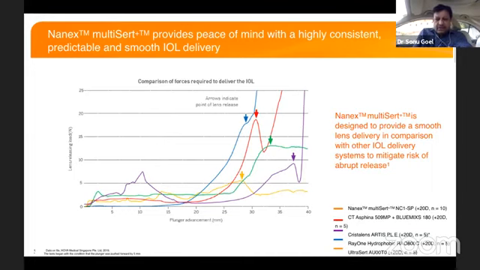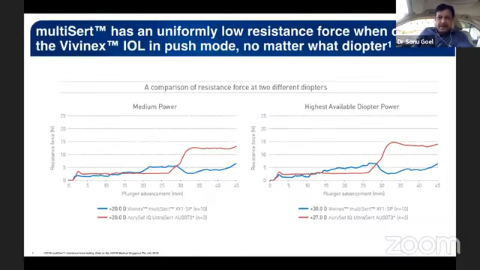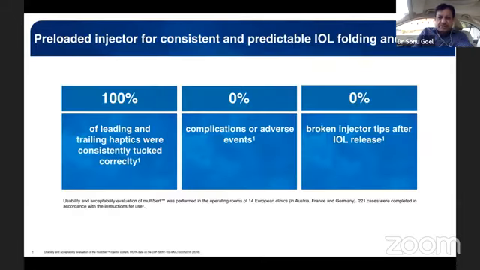It was a very smooth delivery of the lens inside the eye. There was a uniformly low resistance force, both with the Vivinex and the Multisert used with the Nanex. Even at the highest available dioptric power, on the extreme right, up to 30 diopters, it behaved uniformly like a lens somewhere between 0 and 30. There was never a drift in the amount of force required.